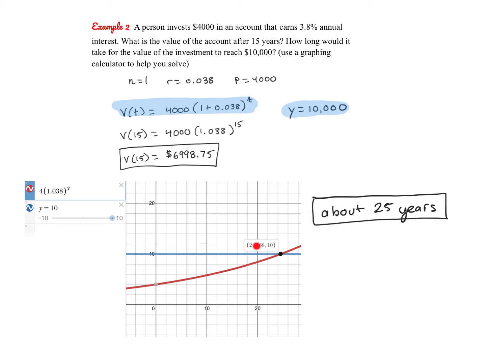And I wouldn't want to keep it a decimal for this one, because I do know that it's simply compounded once a year, so it wouldn't reach that amount halfway through the year. So we could say about 25 years it would take for our initial investment of $4,000 to reach $10,000. And that's just it sitting there, us doing nothing to that money except letting it accrue interest.